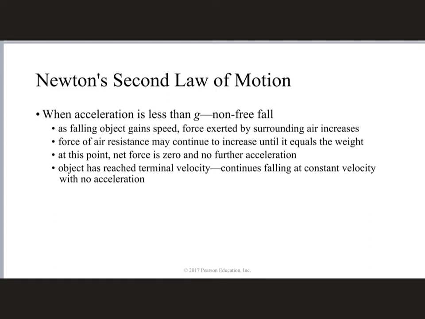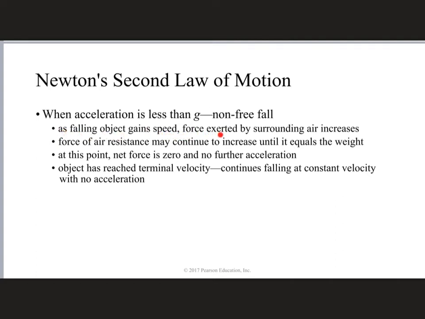Now in this slide, we're going to talk about an application of Newton's second law, and it's called terminal velocity. And the terminal velocity is what happens when something falls through air resistance. Now, the idea is this. You drop something through the air, you drop something off of an airplane, it's falling down towards the ground. As it falls, it goes faster and faster, it gains speed.